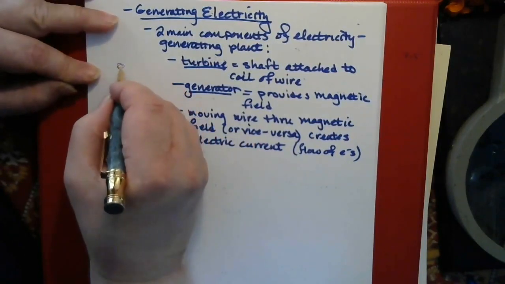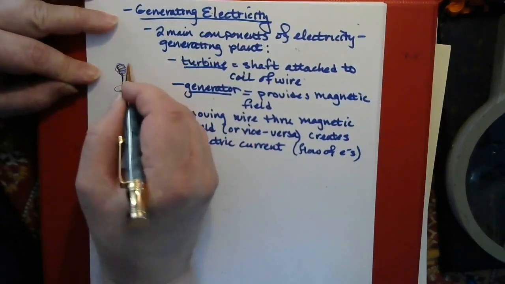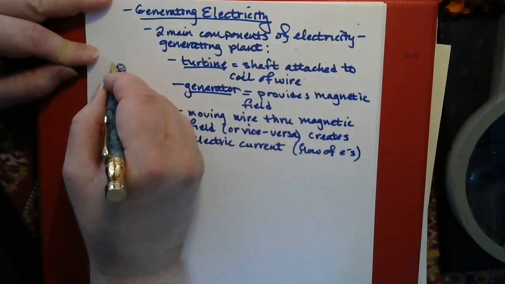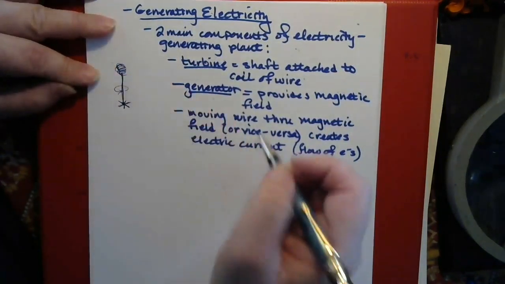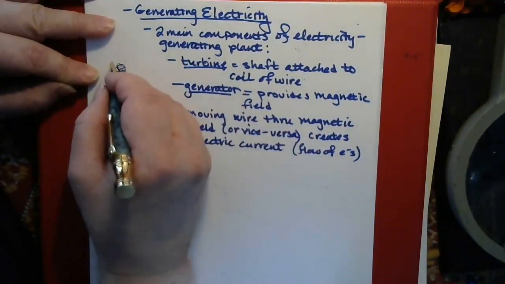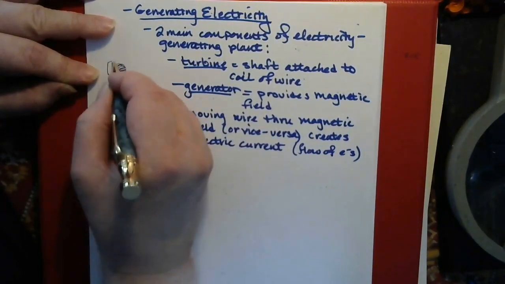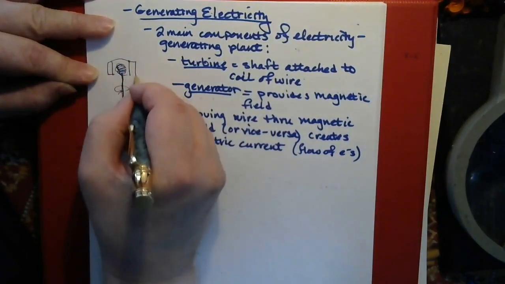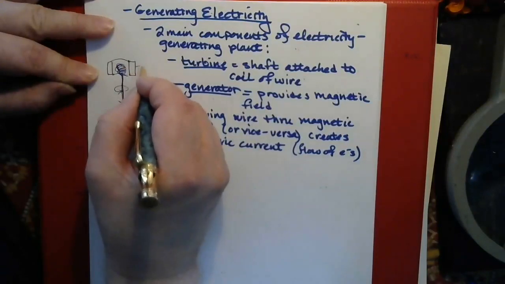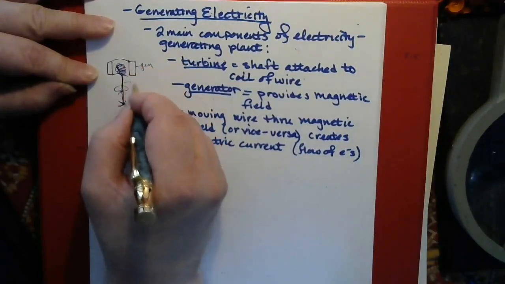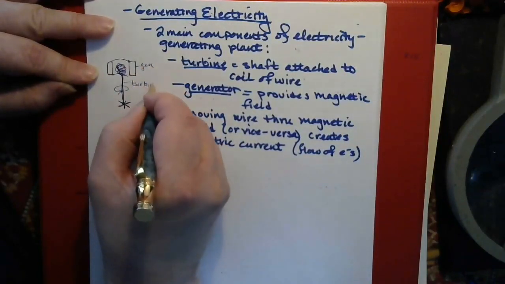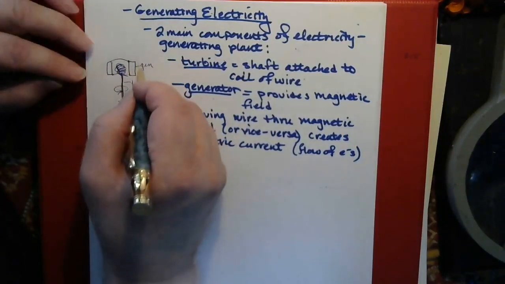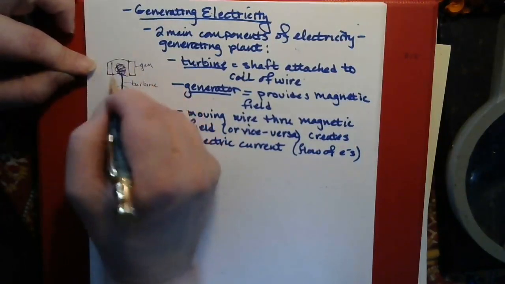And on the other end of the shaft is a coil of wires, and that coil of wires will be housed in the generator, which has electromagnets all the way around it.